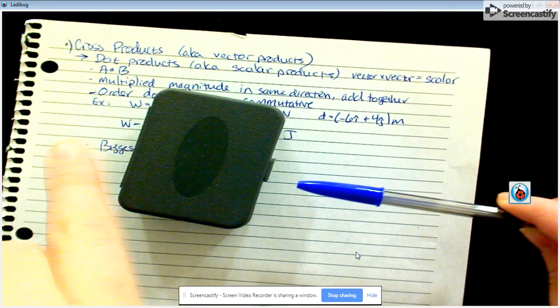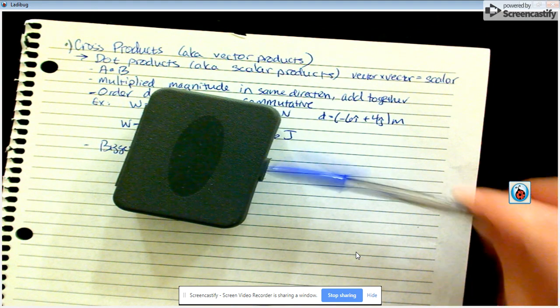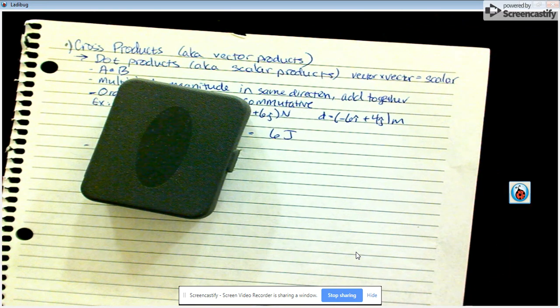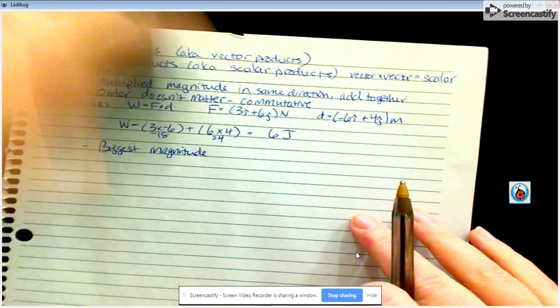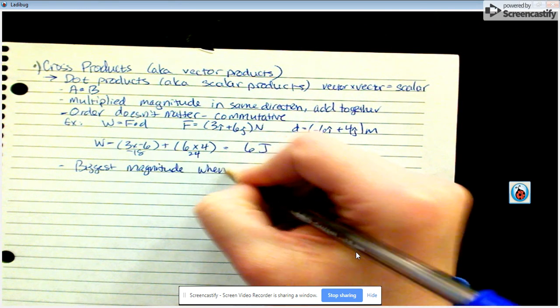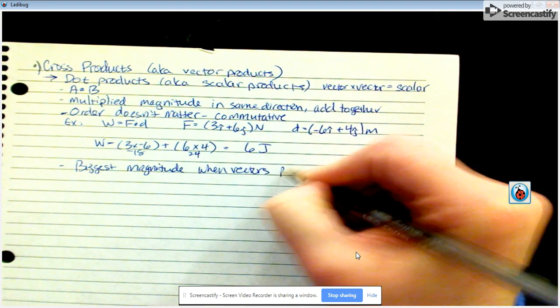So it's moving this distance, my force should be parallel to that. Okay, if that's at any angle that's not just straight parallel, there isn't as much work done. And we could see that. So the biggest magnitude is when vectors are parallel.